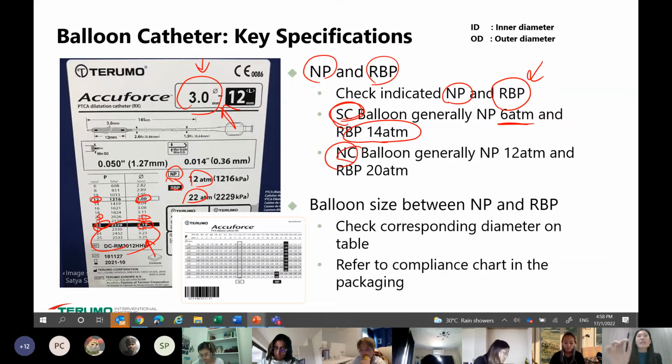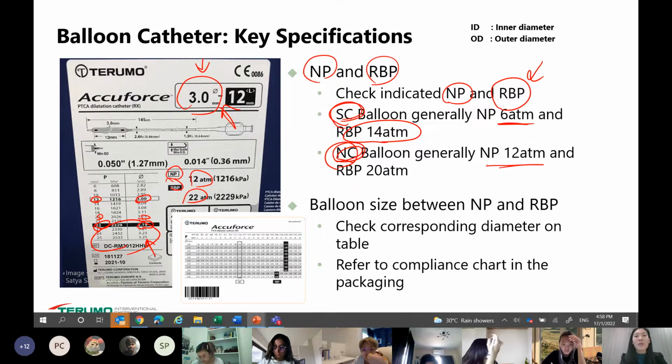But for NC balloons, these are very hard balloons. So these are harder balloons, which can be used for, for example, dissection. It can be used to open the stent, post-dilatation. After you deploy the stent, you want to make sure that the stent stays open very well. I will use a very hard balloon called an NC balloon. NC balloon, very hard, right? So it's very hard to expand.